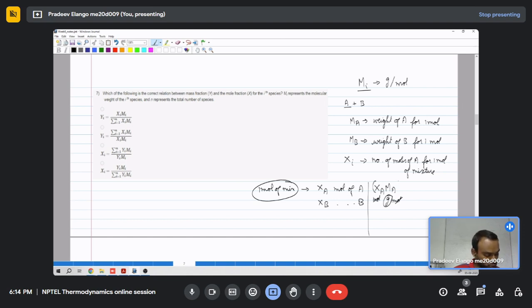So xa into MA is the mass of A in that 1 mole of mixture, and similarly xb into MB is the mass of species B in 1 mole of the total mixture. So if you sum all this, we will get the total mass of the mixture. So adding these two, we will get the mass of 1 mole of mixture, right?